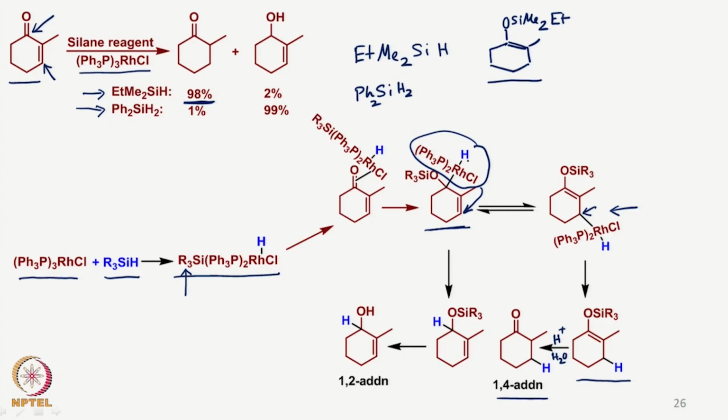But if this hydrogen is directly transferred to this particular carbon atom and the rhodium goes off, then we get the 1,2 reduction product, which upon hydrolysis of the oxygen-silicon bond gives the 1,2 addition. So you can have either a 1,2 addition or a 1,4 addition if we invoke such intermediates.